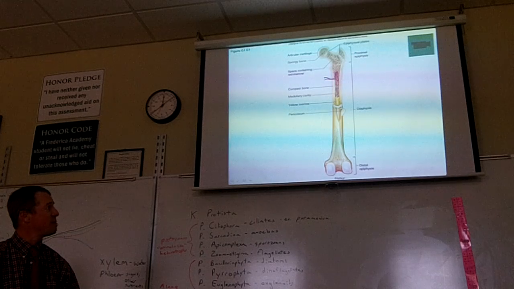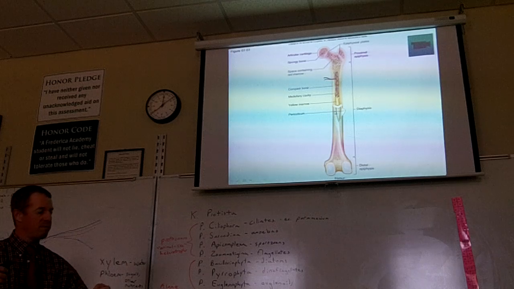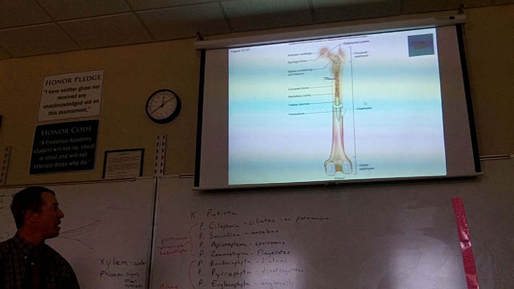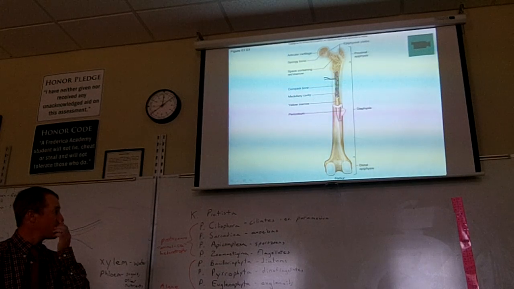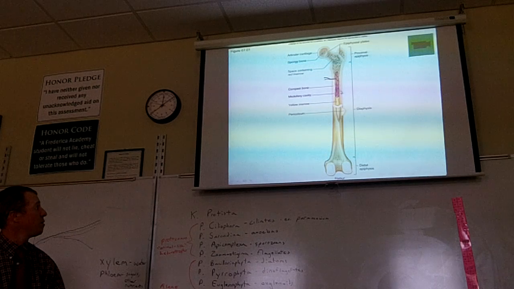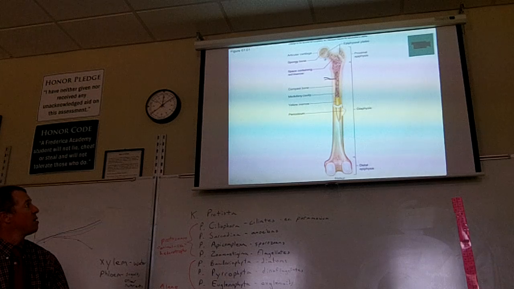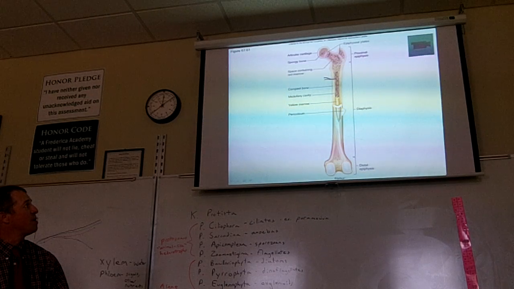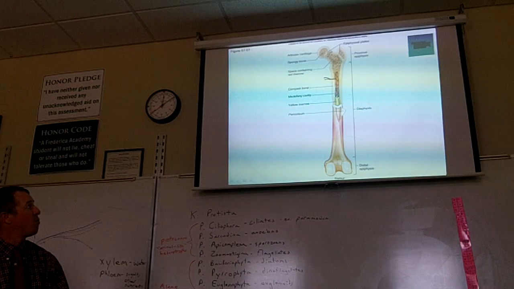This periosteum is a membrane. Every bone has a membrane surrounding it that can get peeled away, which they've done here to look at the underbone structure. But there's this membrane for protection surrounding every bone. And these epiphyseal plates, those things are where it used to be cartilage, and it's the last part of the bone to form.